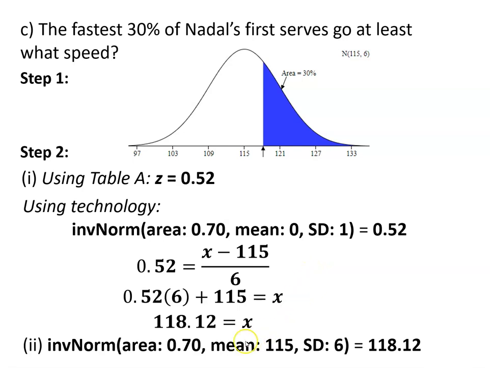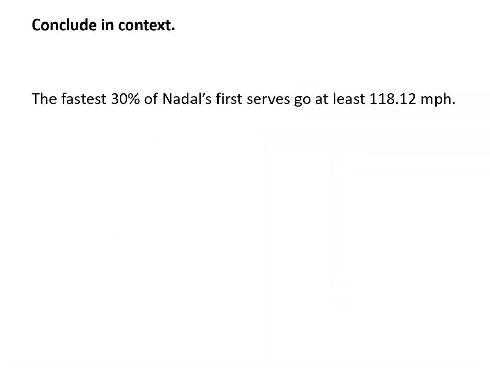The other, probably more preferred option is to just put it in your calculator using all the values they give you. It's a lot faster. And then finally from there, you're going to conclude in the context of the problem. The fastest 30% of Nadal's first serves go at least 118.12 miles per hour. I'll answer the next two examples in the next video.